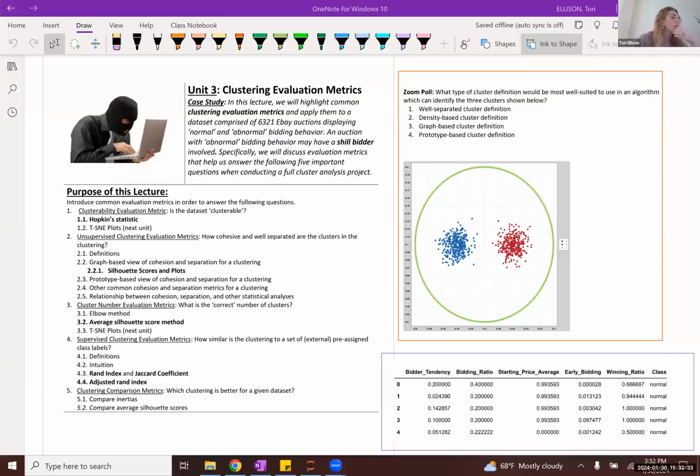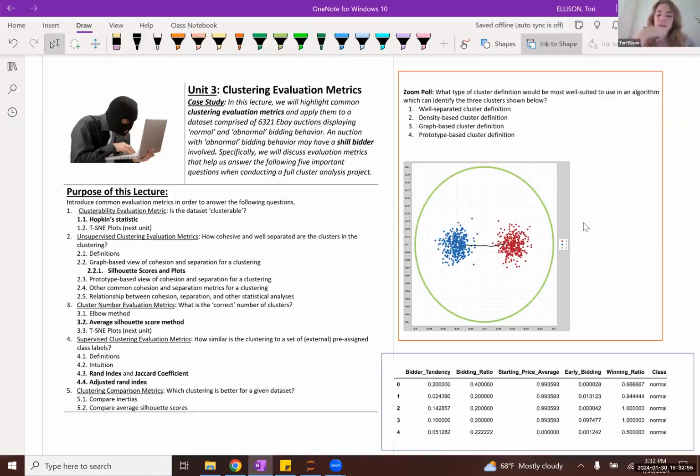So let's see here. I'm seeing a high proportion of people said the well-separated definition of a cluster is going to help us identify these 3 clusters here. So actually, what we're going to see is that, for instance, the blue cluster and the red cluster, we might say are well separated from each other.